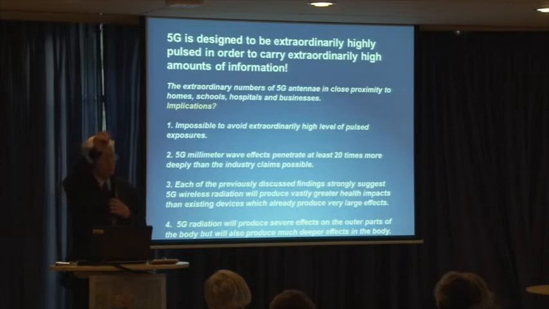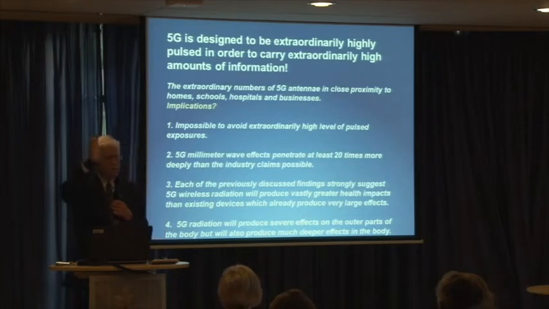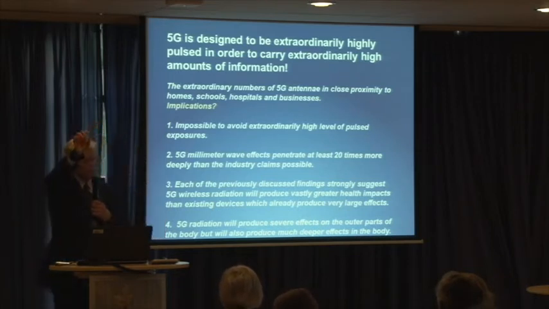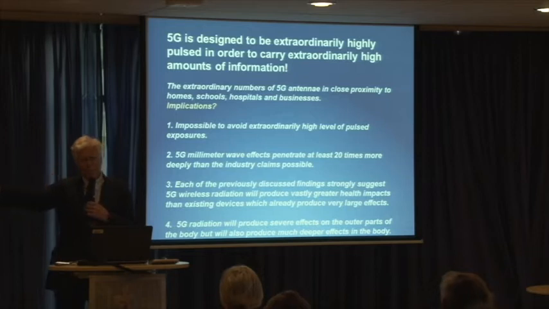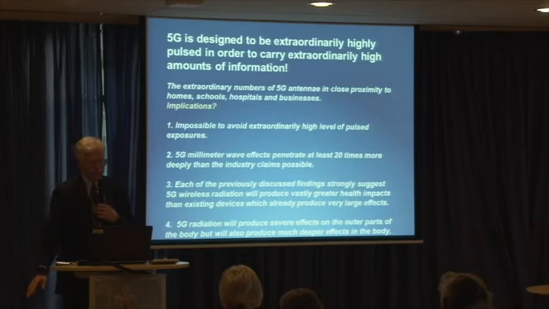In fact, there was one study where you had a nice window effect, and they went, in little steps, up to 150 times higher. And it was still much lower effects than they had at the window. Some of these windows are at levels about 100,000 times below the safety guidelines.